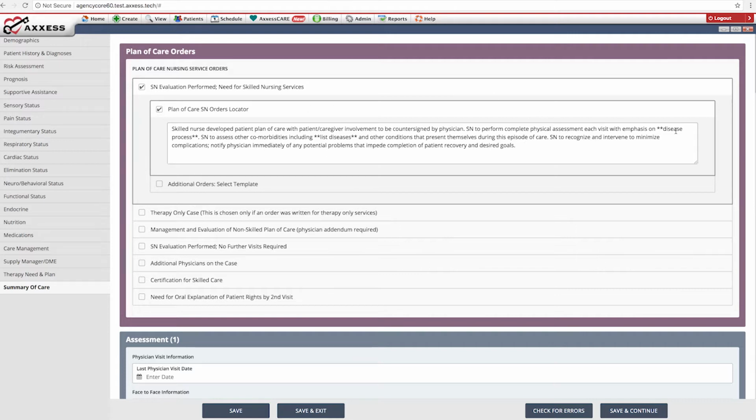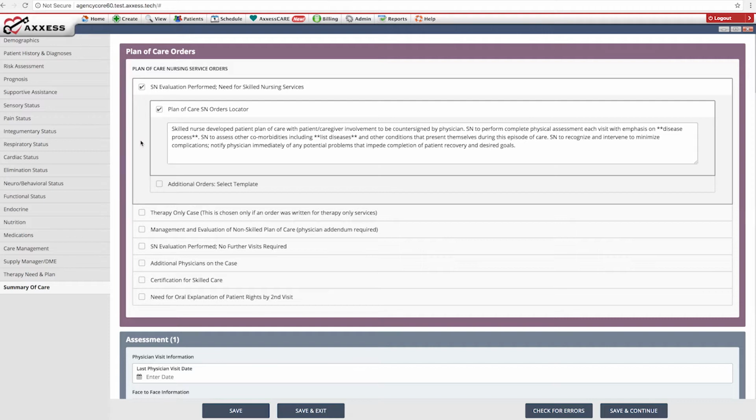And that's, with the emphasis on, you're listing out the disease process for the people who are doing the coding. This is per guidance and regulations. The nurse in the field is supposed to identify what is the primary reason for home care. So this is where you document that.